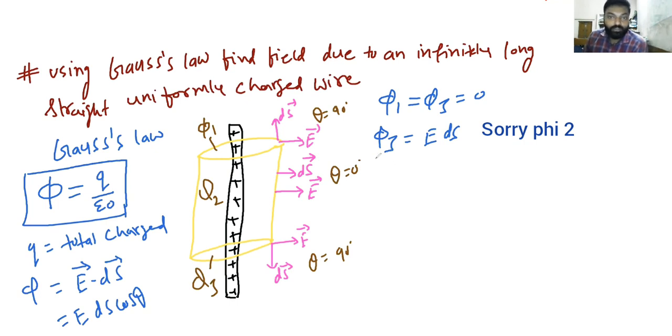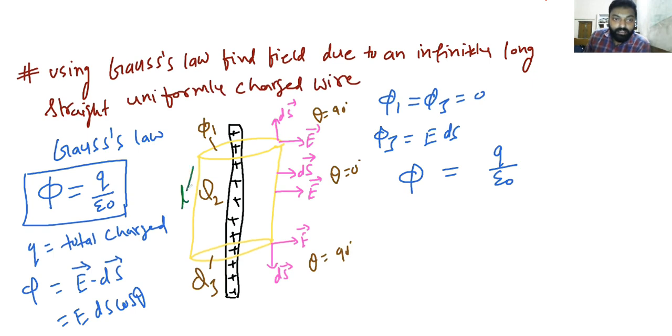So according to Gauss law, what is Gauss law? It states that total flux through this Gaussian surface, flux phi equals Q upon epsilon naught. Here we assign the length of the wire L. This is the length of the cylinder, and this is the radius of the cylinder.